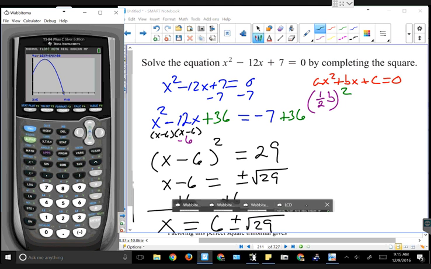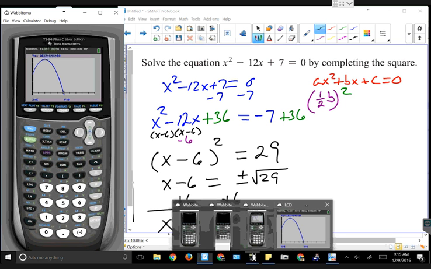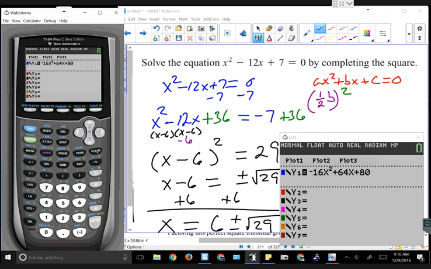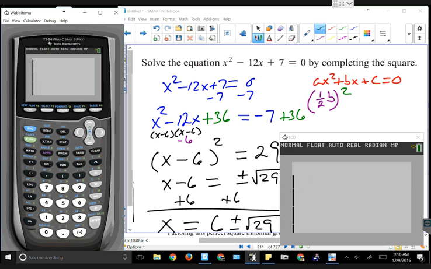Give it time to show up. Second, clear that out of there. We'll enter x squared minus 12x plus 7, and tell it to graph.